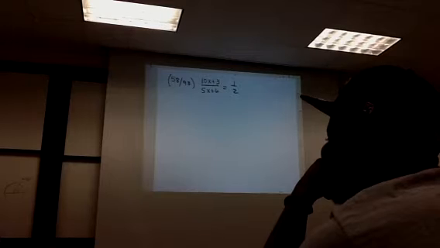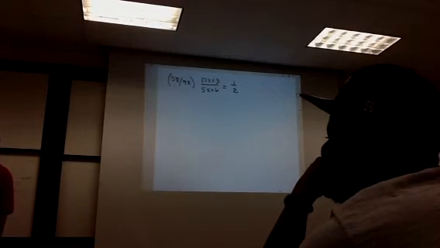This is one type of a fractional expression that you'll see in an equation.